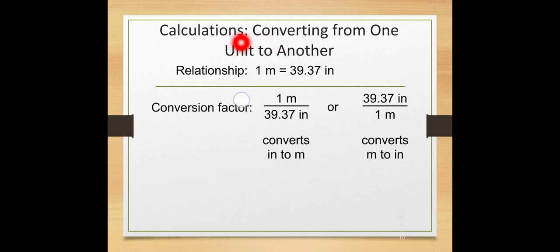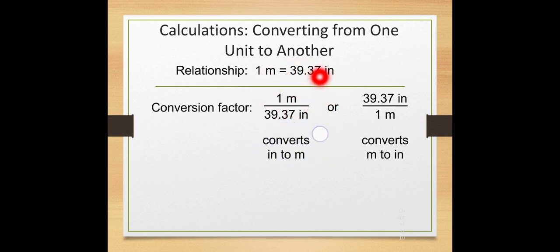For example, this is a simple relationship: 1 meter is equal to 39.37 inch. When we apply the conversion factor, if we want to convert something into the meter, we have to put the conversion factor meter in the numerator.